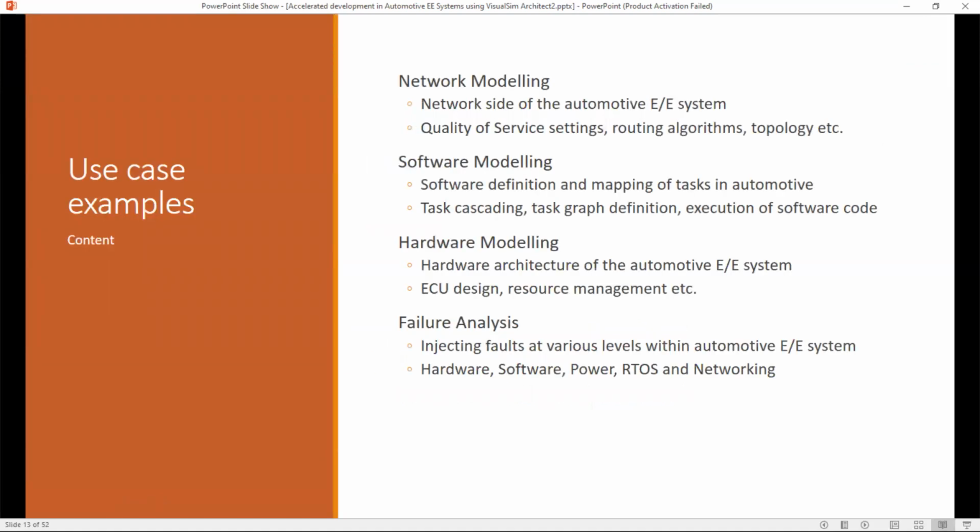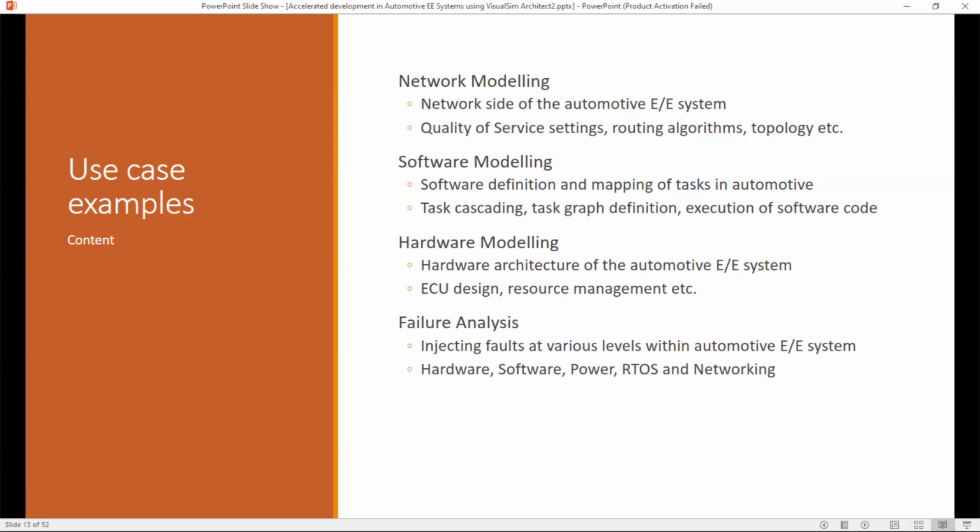So now we'll be looking at some of the use case examples. We'll be going through network modeling, where we look at the network side of the automotive EE system, specifically the quality of service settings, the routing algorithms, the topology approach, and so on. Under software modeling methodology, we'll be looking at the software definition and mapping of tasks in the automotive EE system. It includes task cascading, task graph definition, and execution of software code.